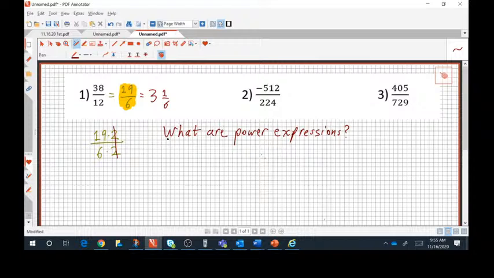There's a second essential question, and I hope I can get that one from Ashley. What's our second essential question? Good. How can I simplify power expressions that have been multiplied or divided?